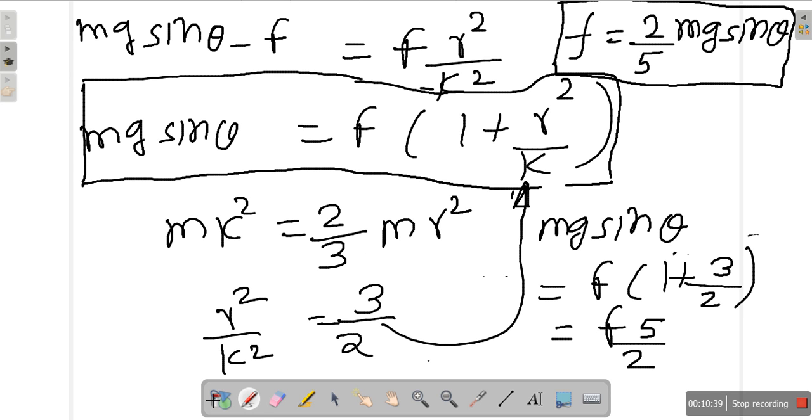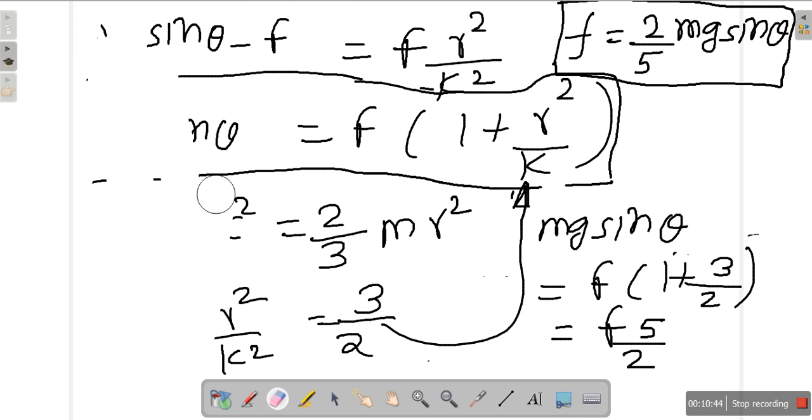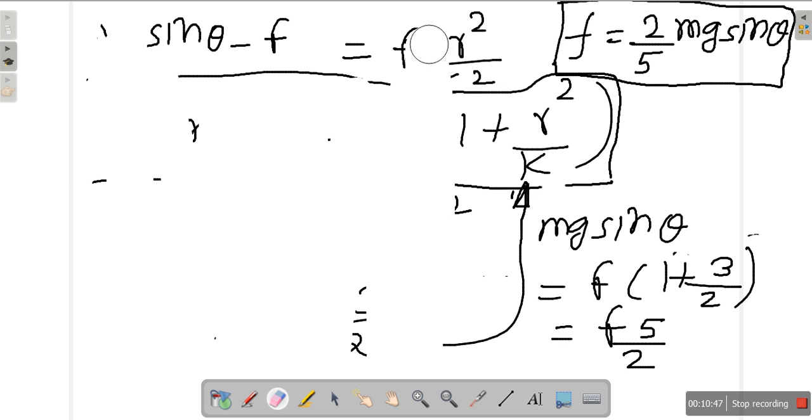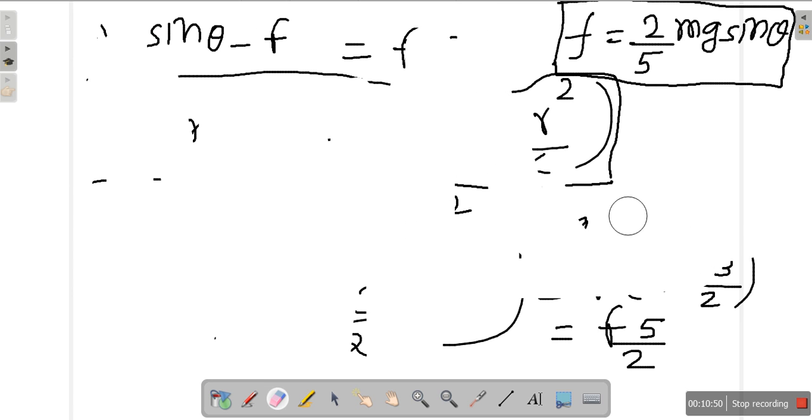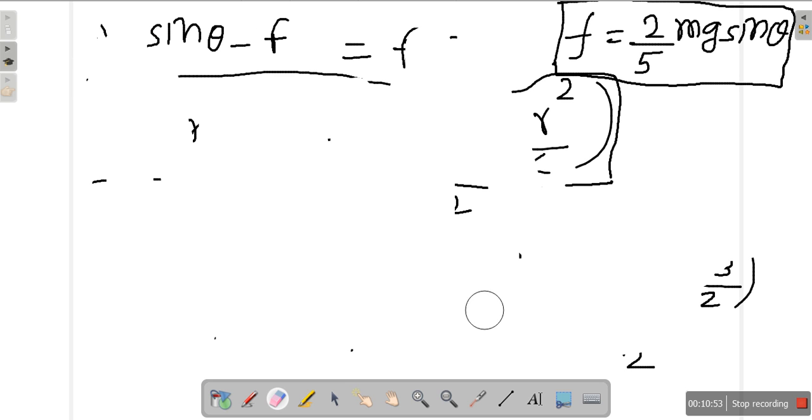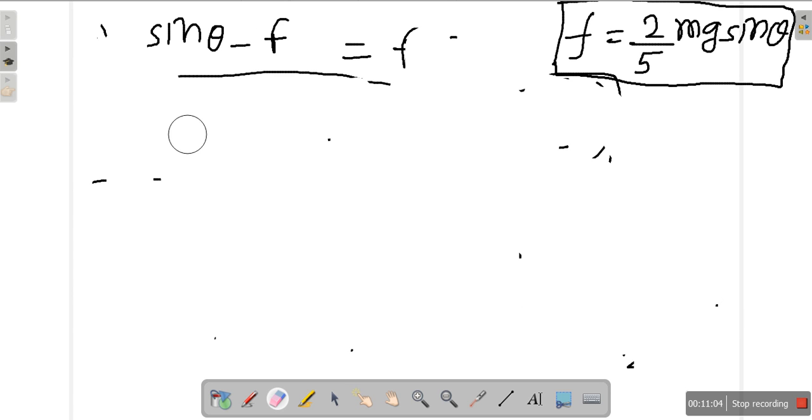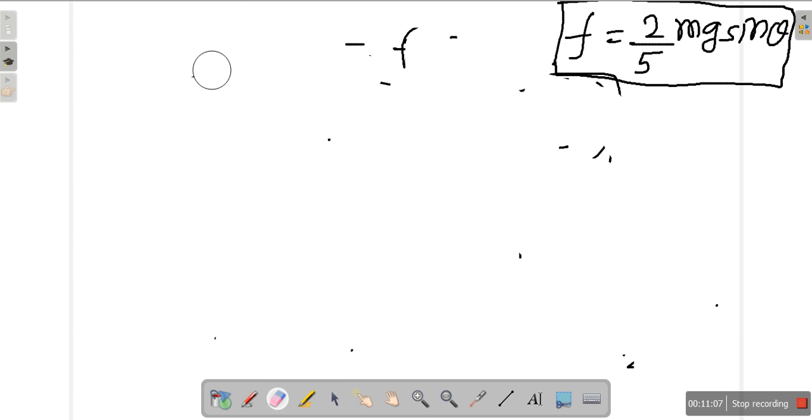Now we are asked to find the coefficient of friction and not the force of friction. So we need to take one more step in order to find the value of coefficient of friction. Let us go back to the previous page and see the coefficient of friction, how it is related.